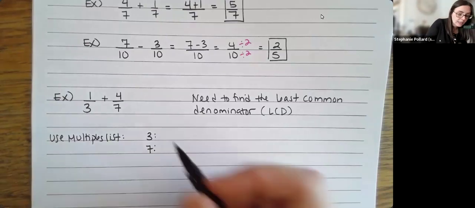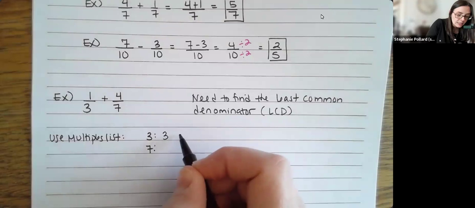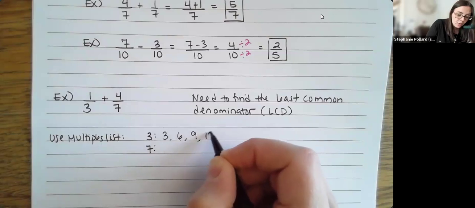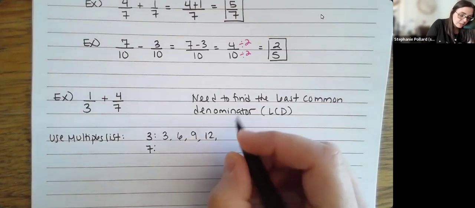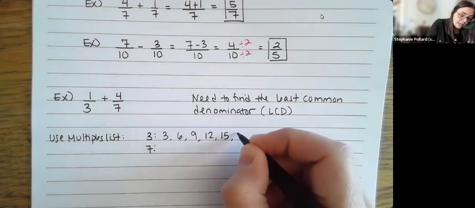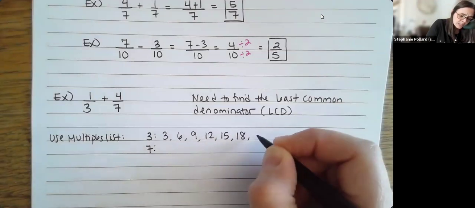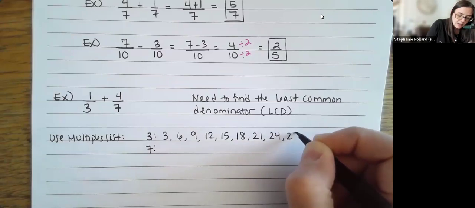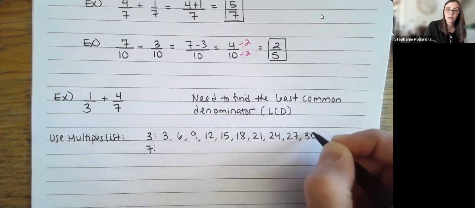So for instance, 3 times 1 is 3, 3 times 2 is 6, 3 times 3 is 9, 3 times 4 is 12, 3 times 5 is 15, 3 times 6 is 18, 3 times 7 is 21, 3 times 8 is 24, 3 times 9 is 27, and I'll stop at 3 times 10 is 30.